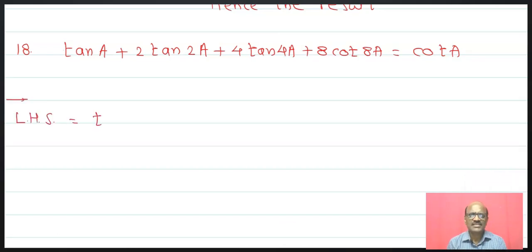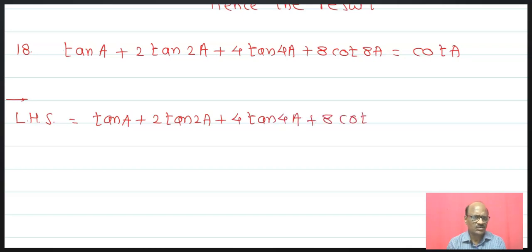Consider the LHS. Tan A plus 2 times tan of 2A plus 4 times tan of 4A, we will consider the LHS and take one term at a time. That is 8 cot of 8A.